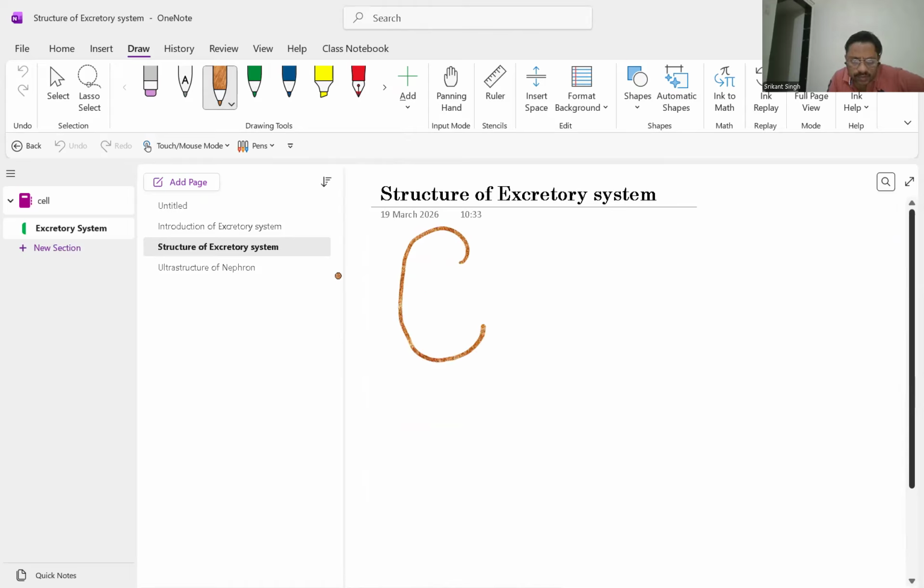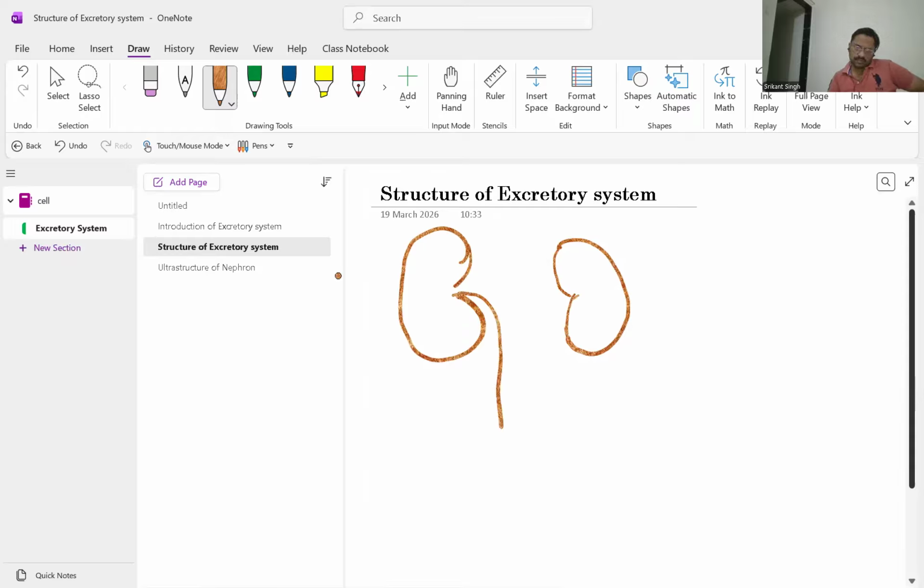So this way, it is the kidney. We have a pair of kidneys.